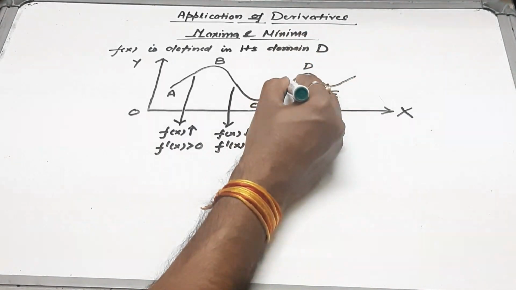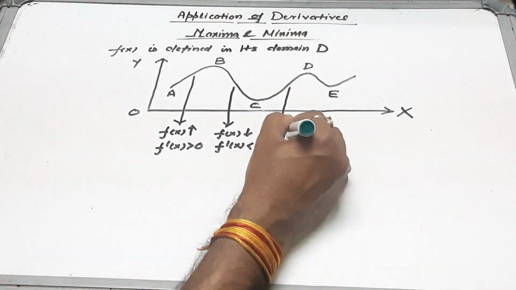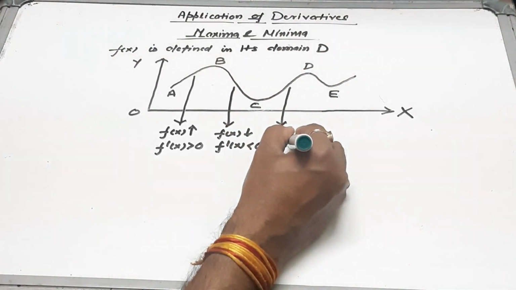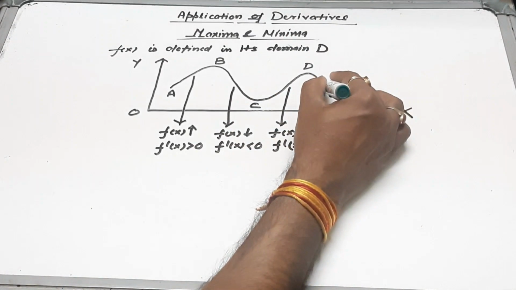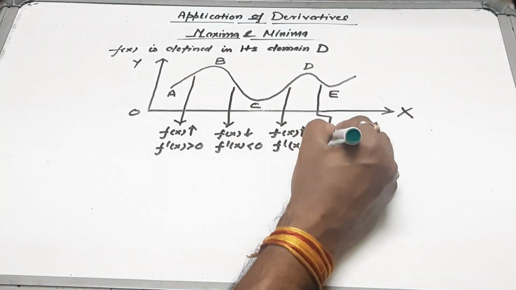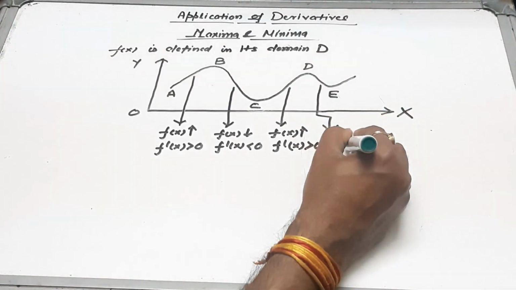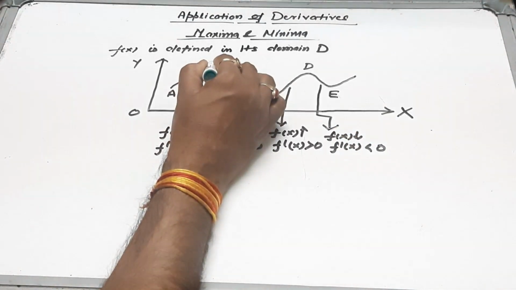In CD section, again the function is monotonically increasing, f(x) is upwards, and in that case f'(x) is greater than 0. And similarly, in the DE case, again f(x) is downwards and f'(x) is less than 0. What about point B?